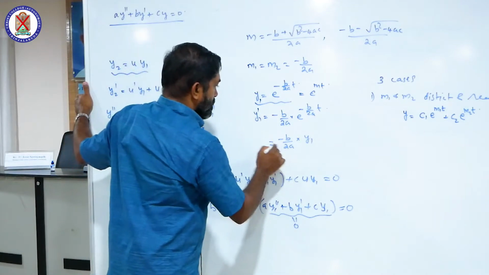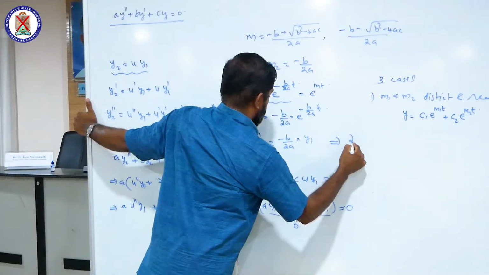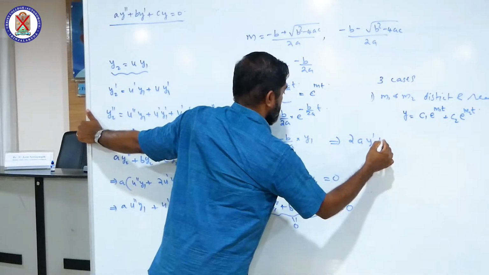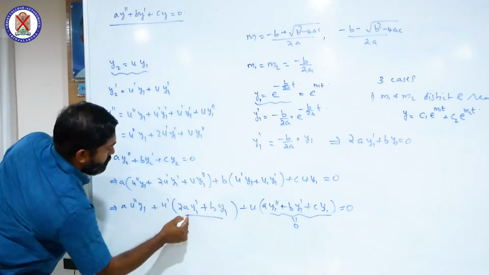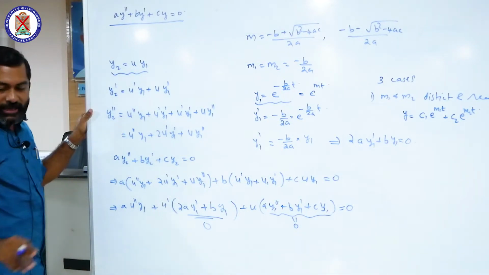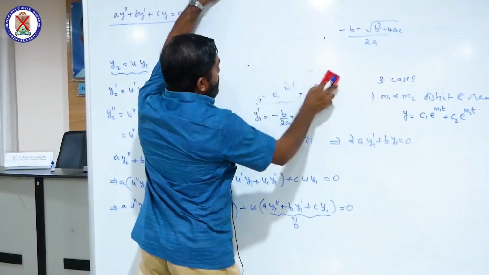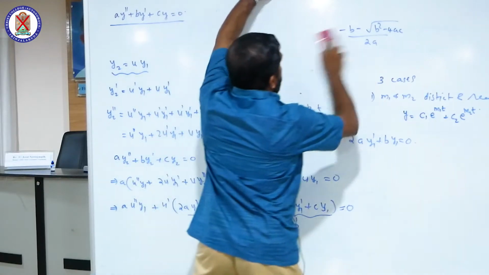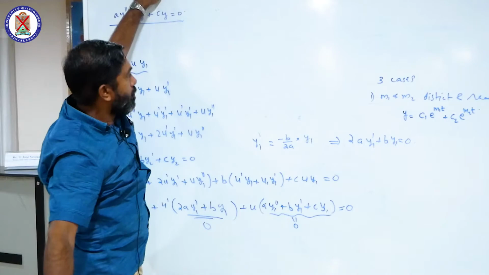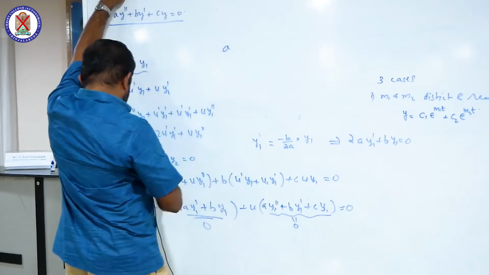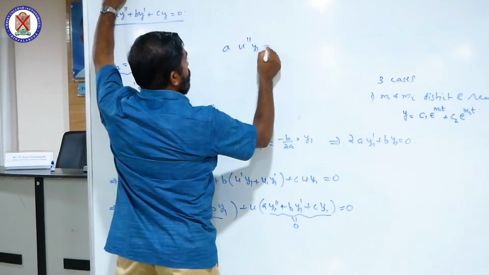So from this we get 2a y1 dash plus b y1 equal to 0. That means this term is also 0. So we have only one term, which is a into u double dash y1 equal to 0.